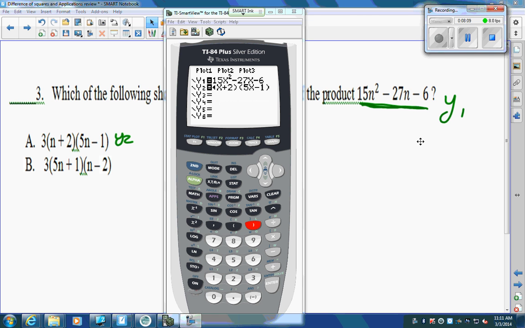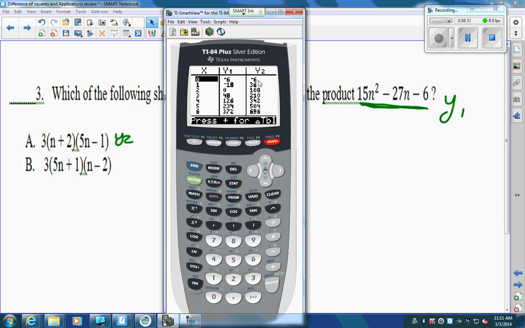So what I was telling you to do is to put the original expression, that 15x squared, well, it says n squared, but here we're going to use x, minus 27n minus 6 into y1. I took letter A and I put all of it, 3 parentheses, all of that into y2. If you press second graph, the first one's the same, but not all of them. Since they're not all the same, that it's not the answer.